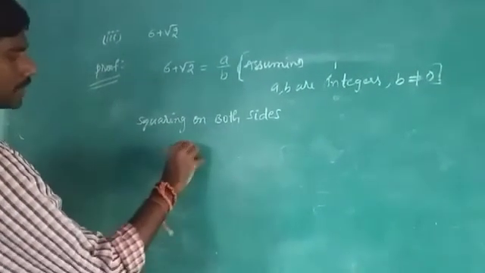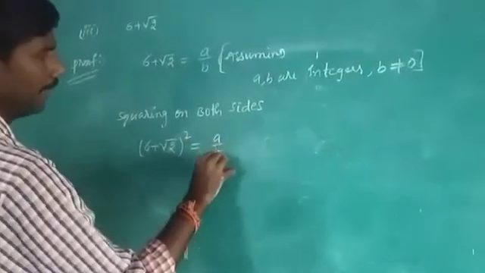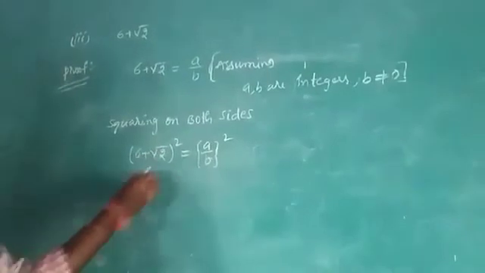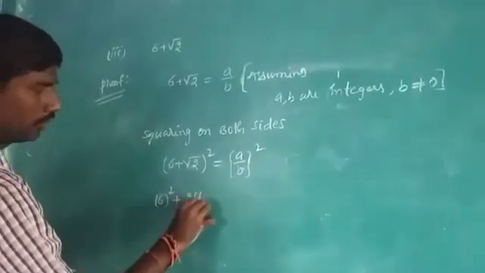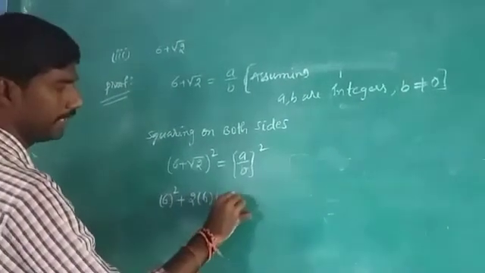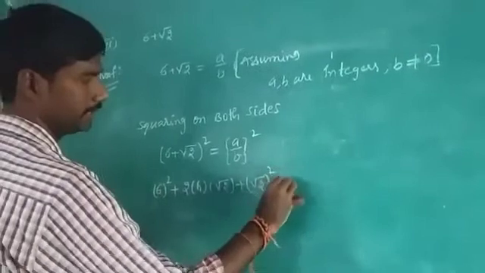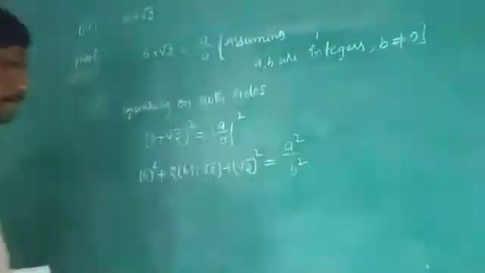What do you write? (6 + root 2)^2 = (a/b)^2, so it is also (a^2)/(b^2).